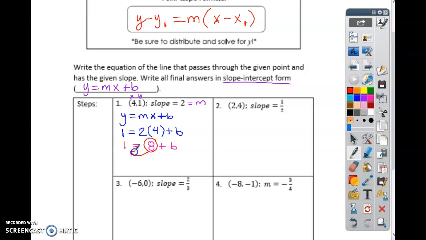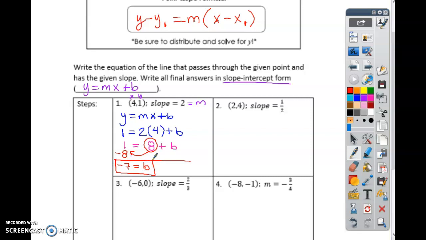Right here, I'm going to subtract 8, minus 8. Okay, change the sign. So what's 1 minus 8? Use the calculator. Negative 7. So my b is negative 7.